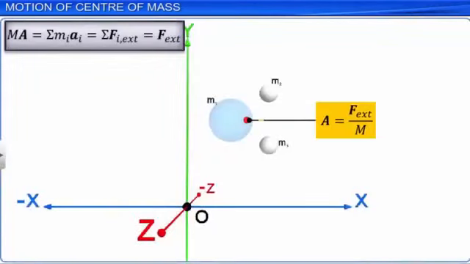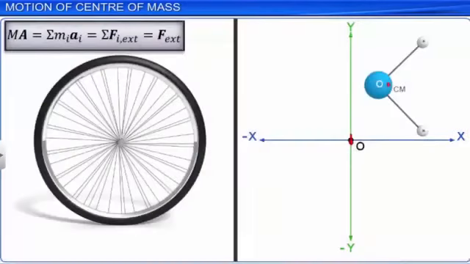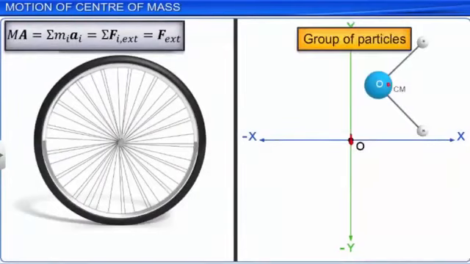The center of mass moves as if the whole mass of the system is concentrated at it and the external force is acting on it. 3. These conclusions are true for any system, a rigid body or a group of particles.